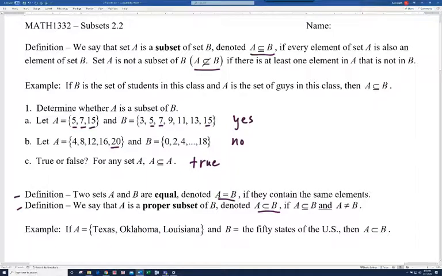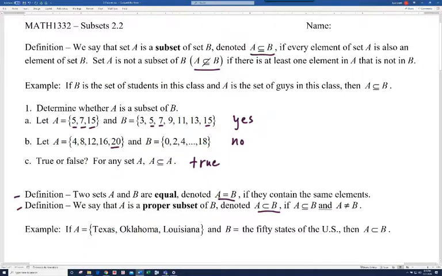All right, so for example, if A is the set with Texas, Oklahoma, and Louisiana in it, and B is the 50 states of the U.S., then A is a proper subset of B. Well, that would be true because all 3 of those states are part of the 50 states of the U.S., and also these are certainly not 2 equal sets. And so A is a proper subset of B.